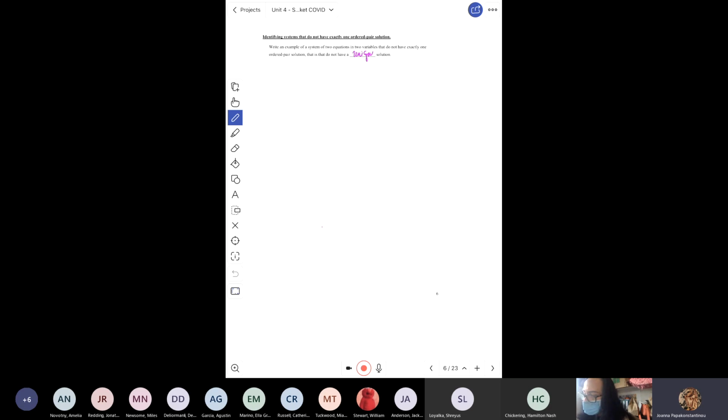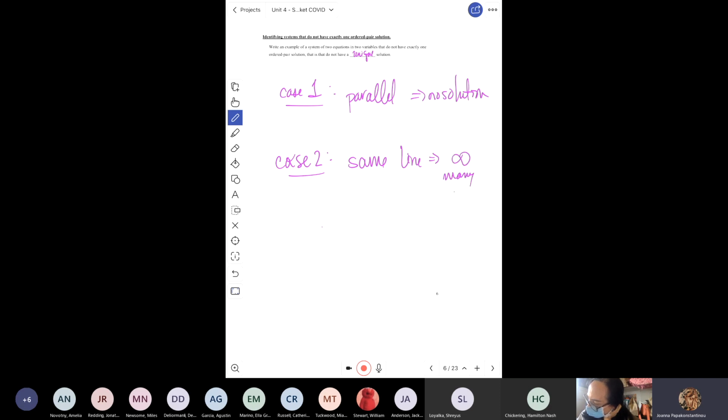If we don't have a unique solution, we have 2 cases, right? What are the 2 cases? If it's not a unique point, they could either be parallel, which means they would have no solution, or they could be the same line and they have infinitely many solutions.